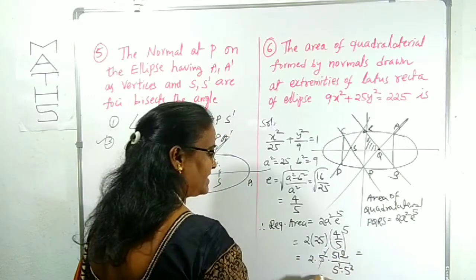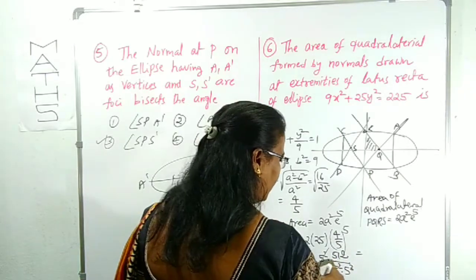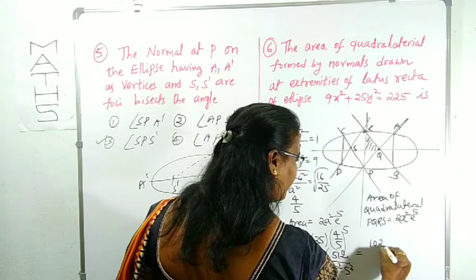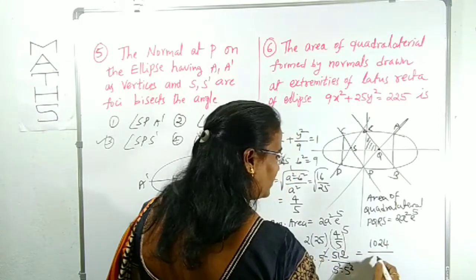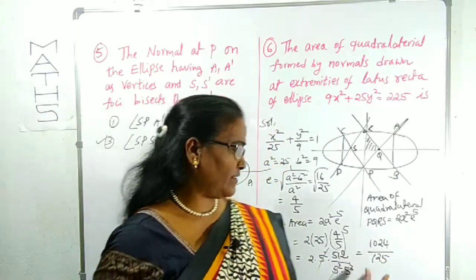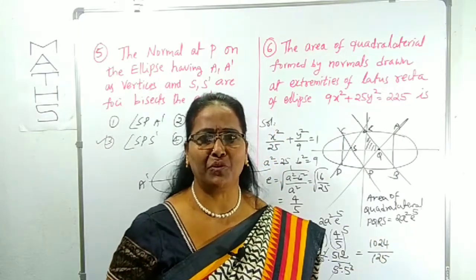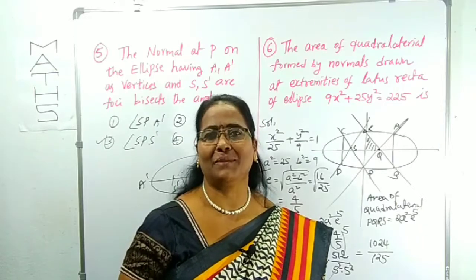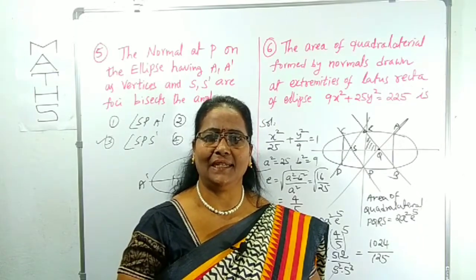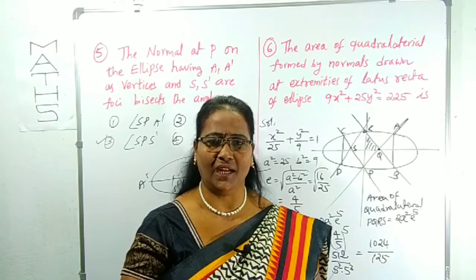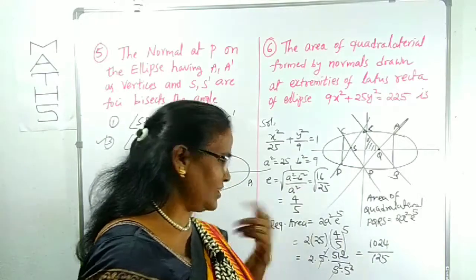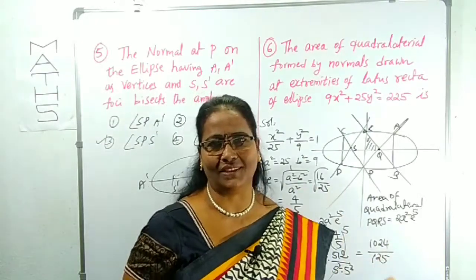The 5 square cancels. 2 into 512 is 1024 by 5 cube, which is 125. So this is the required area of the quadrilateral formed by normals drawn at the extremities of latus recta of the ellipse. You have to remember this step, then only you can get the solution easily. Otherwise it becomes lengthy.